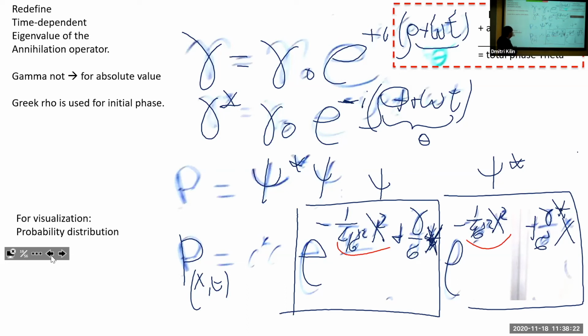Now, the definition of the probability distribution is the wave function star times the wave function. So we multiply e to the power of the thing that we got on a couple of previous slides, x squared over 2 sigma squared, and so on. And here, the only thing is that we put a little star on top of gamma, because x and sigma are real, and we do not need to apply star conjugation to them.